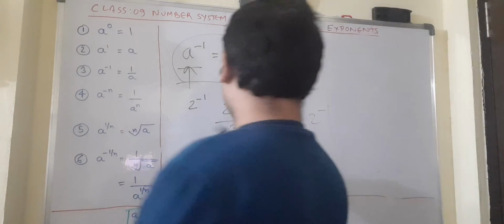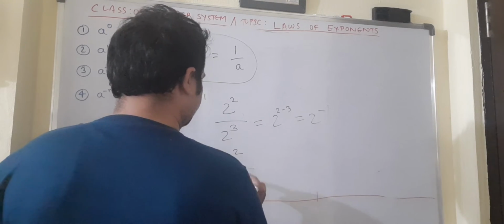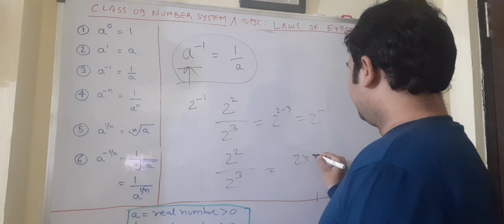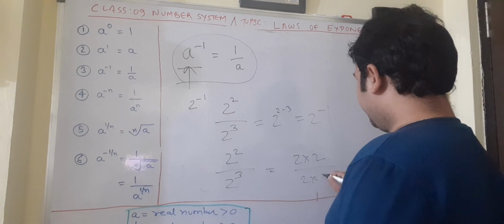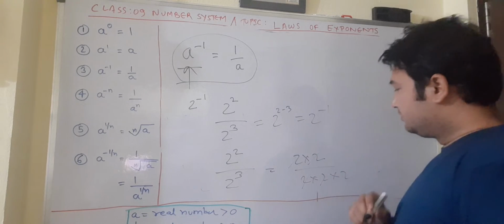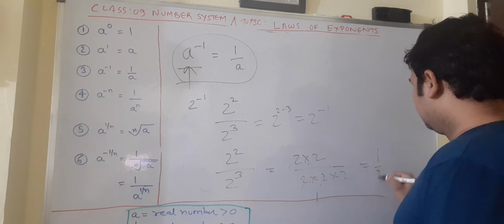But you also know 2 to the power 2 divided by 2 to the power 3 becomes 2 into 2 divided by 2 into 2 into 2. Both these two 2's will be cancelled by these two 2's, and you will be having only 1 by 2.